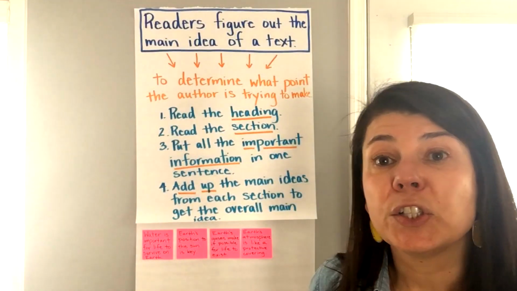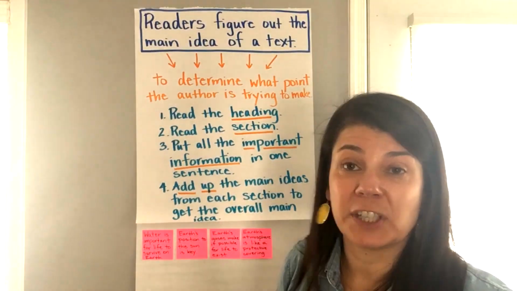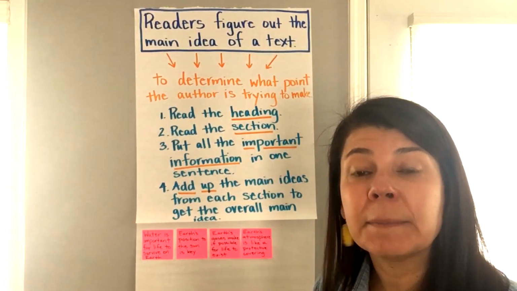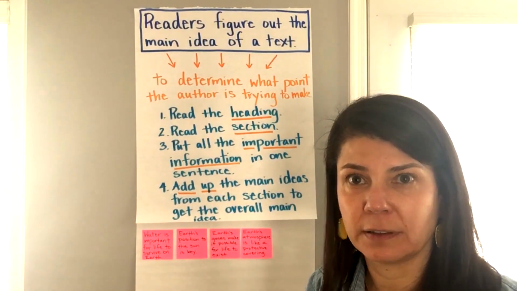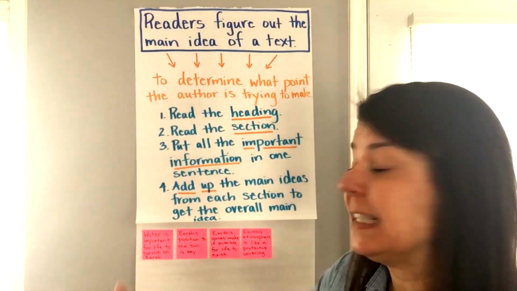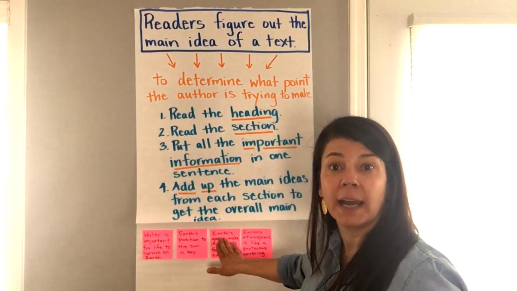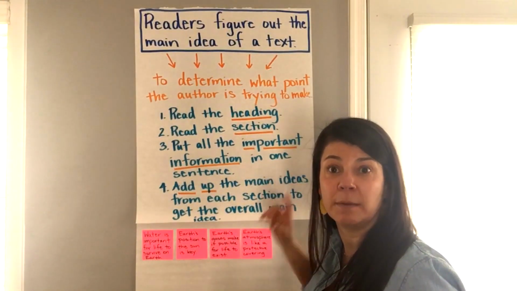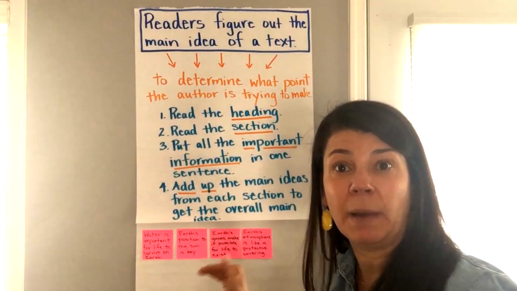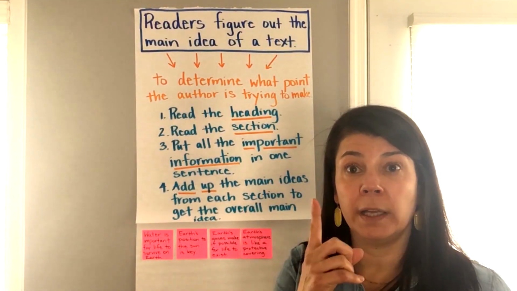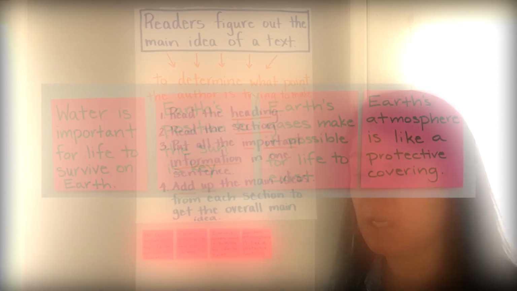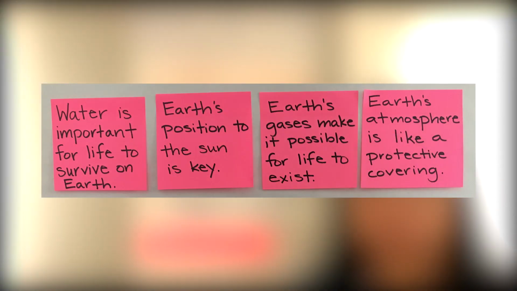Okay. So I have the main idea for each section. Now I'm going to come up with the main idea for that entire chapter, okay? So I take all of my section main ideas, I add them up, and then I say, how can I put this all in a one sentence main idea? So they were: water is important for life to survive on Earth.